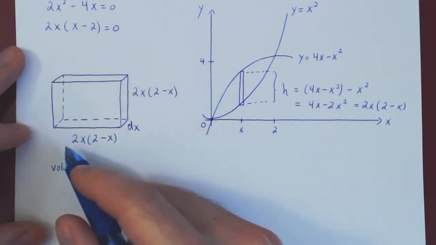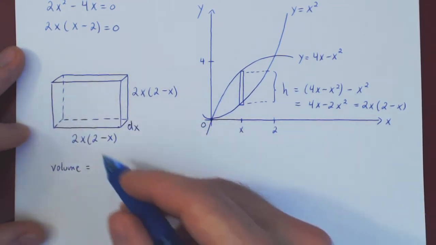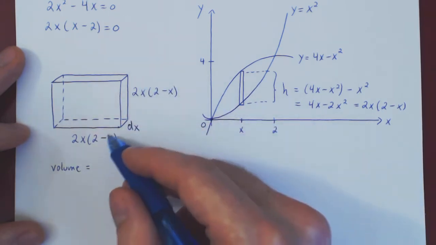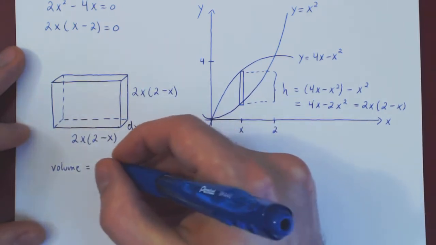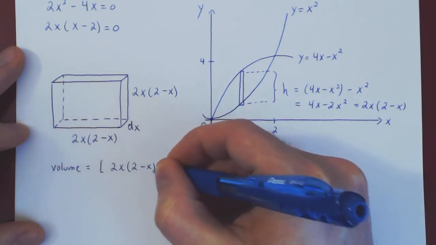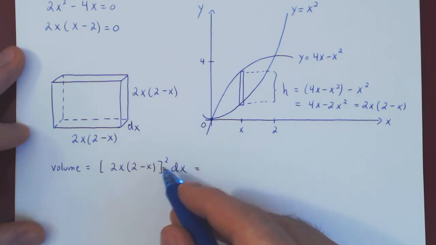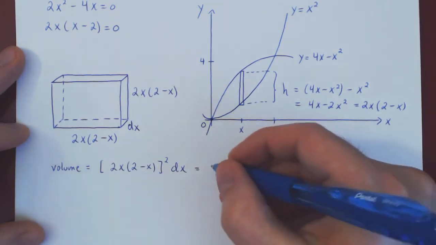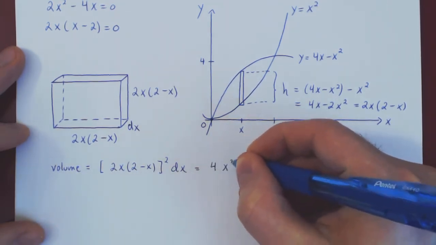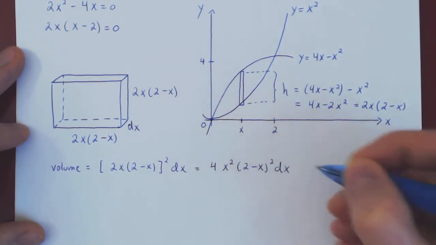The volume is quite simply the area of the square surface times the thickness, dx. So it's this times itself, therefore this squared times dx. If we distribute the square on all three terms, we get 4x squared times (2 minus x) all squared dx.